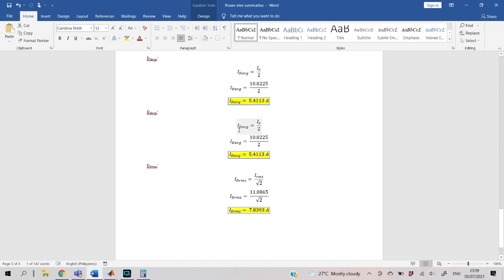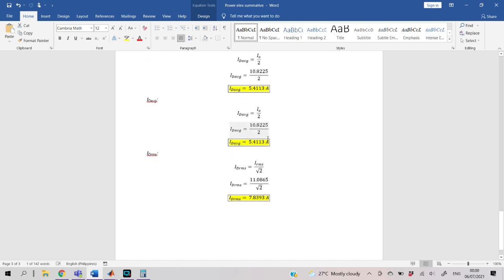For the RMS value, the formula is the RMS value of the load divided by square root of 2.